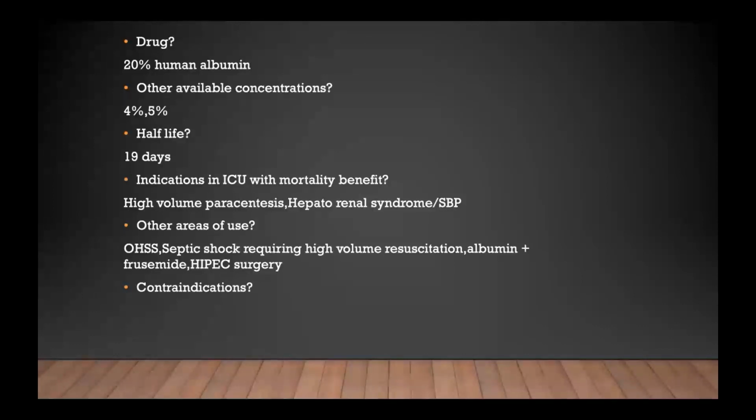And septic shock where high volume resuscitation is required. Then there is albumin and furosemide also being tried, where you find furosemide resistance. Then in HIPEC surgeries post-operatively, when there is a lot of output from the abdominal cavity, albumin has also been used off-label.